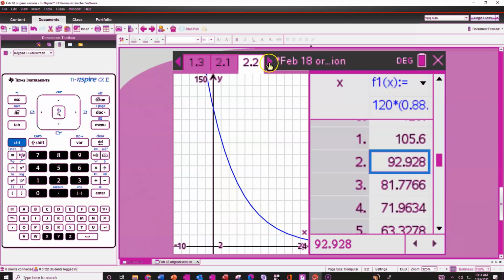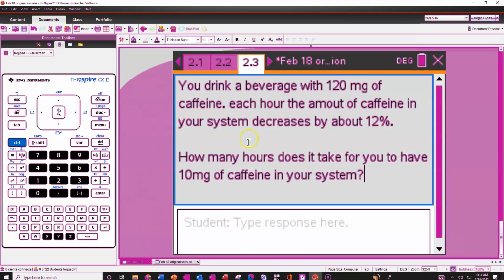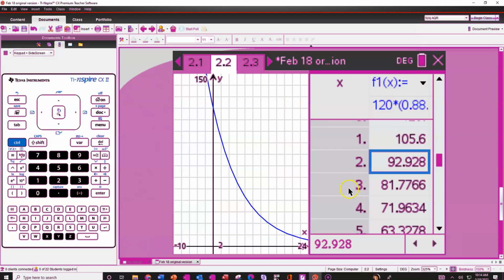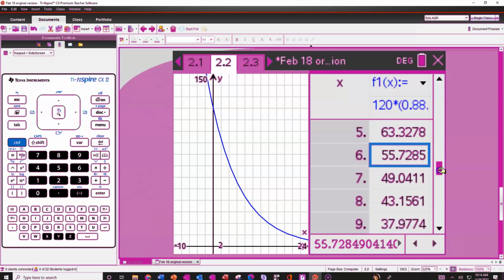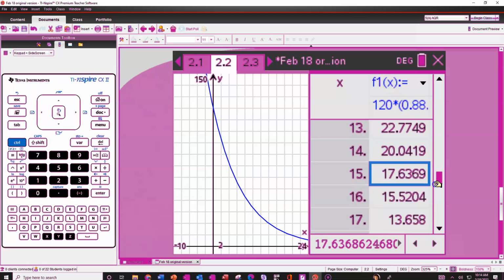Now the next question is, how many hours does it take for you to have 10 milligrams of caffeine in your system? Let's go back to the table. We're looking for this value to get to 10. Let's scroll down and notice that it's decreasing.